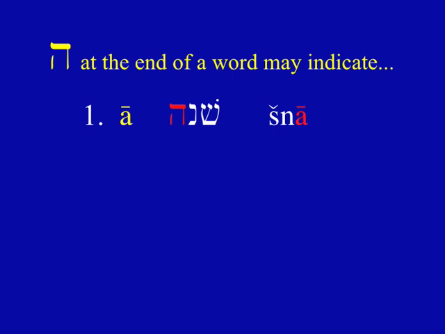So here, shana. The shin represents sh, the noon represents n, but the hey does not represent the h sound, but rather the long vowel ah.